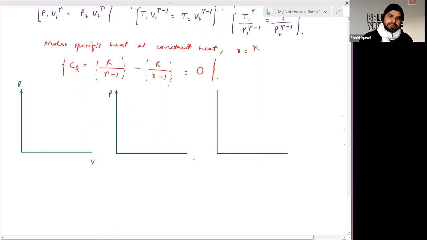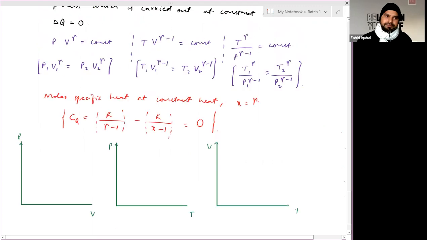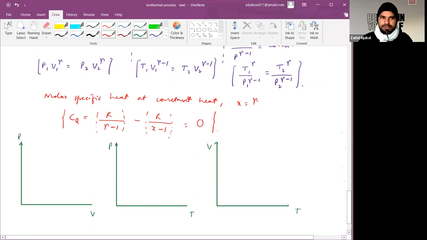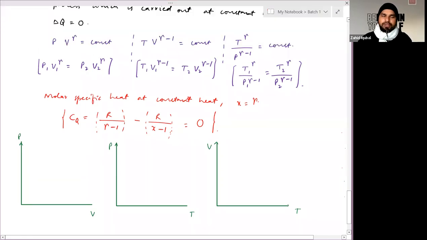Pressure versus temperature. And volume versus temperature. According to equation of state, pressure multiplied by V to the power gamma equals to constant. So we can say pressure and volume should be inversely proportional to each other. So graph will be rectangular hyperbola like this.